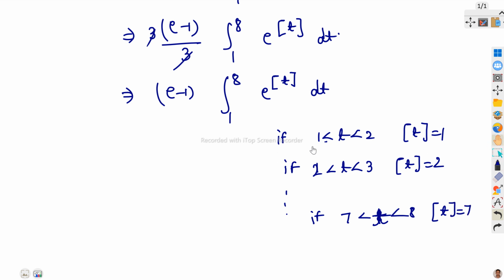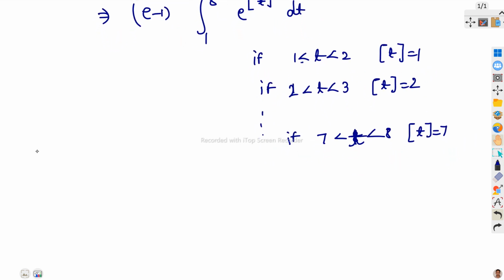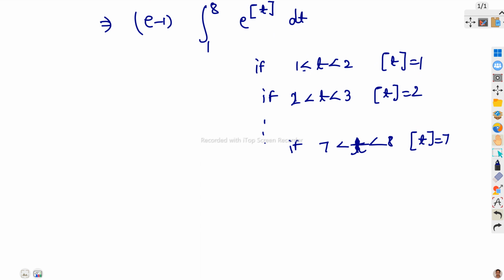So this integral can be taken as a sum by breaking the limits at integral points. We can break the limit at 2, 3, 4, 5, 6, 7 and 8, because this function changes its value and is discontinuous at these points.